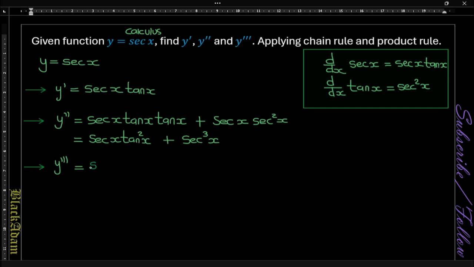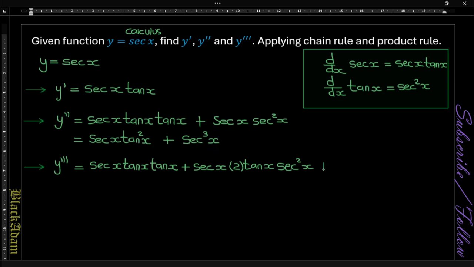So product rule first is going to be sec x tan x, deriving sec x, and then we have tan x, which was supposed to be tan squared x, plus there we have sec x, and then we have sec squared x, deriving that sec x to tan x, and then deriving that, that's chain there.